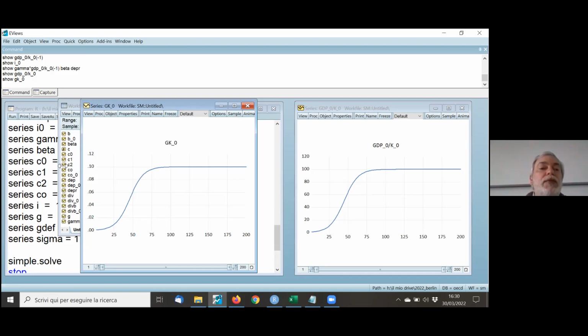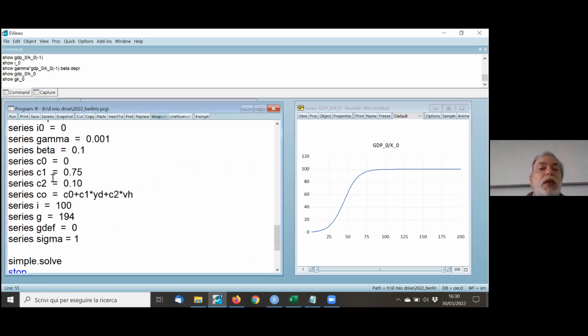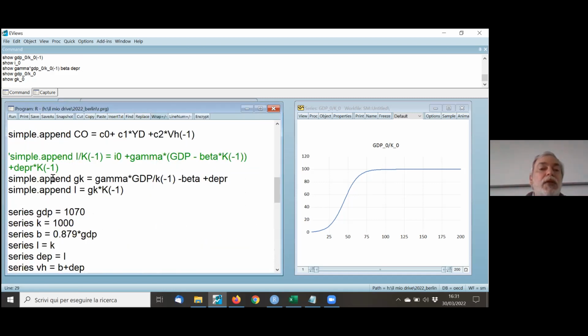So I think we have 0. No, I think we still have something stupid with the depreciation rate in here. So if this goes to 100, this is 10%, and these two tend to offset each other, and it doesn't really work. Maybe I have to add the depreciation here.